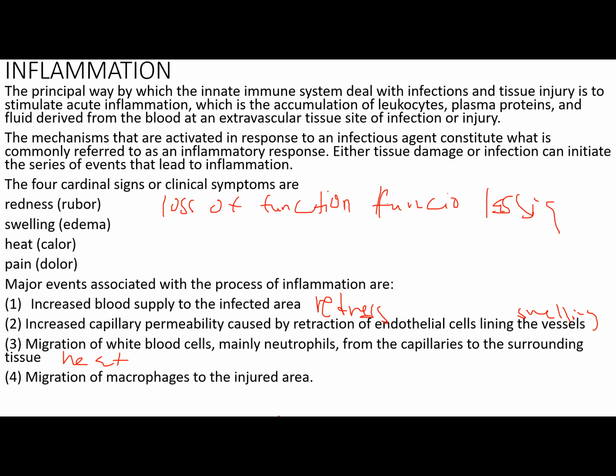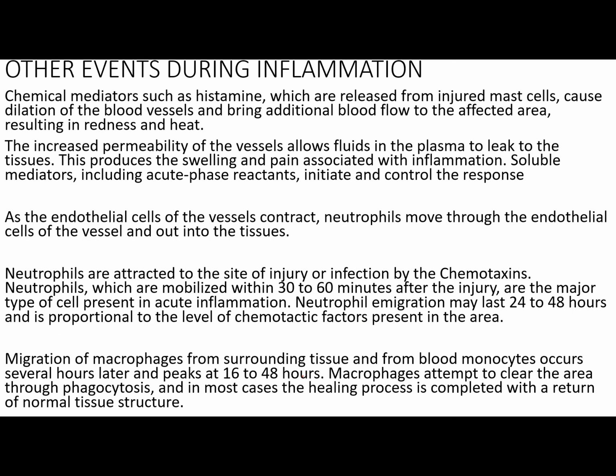All right, let's continue. Now, other events that would occur during inflammation class. So we have your chemical mediators such as histamine, which are released from injured mast cell, would cause the dilation of the blood vessel and bringing additional blood flow to the area, resulting in redness and even heat. The increased permeability of the vessel would allow fluid in the plasma to leak to the tissue.